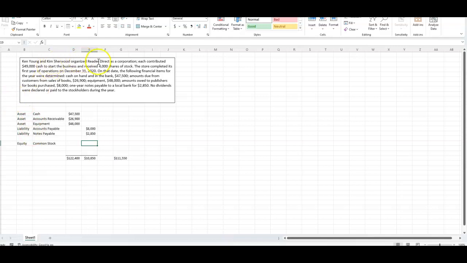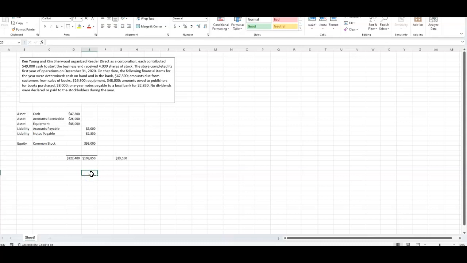It says they each contributed $49,000 to the company. So 49,000 times 2, or $98,000.